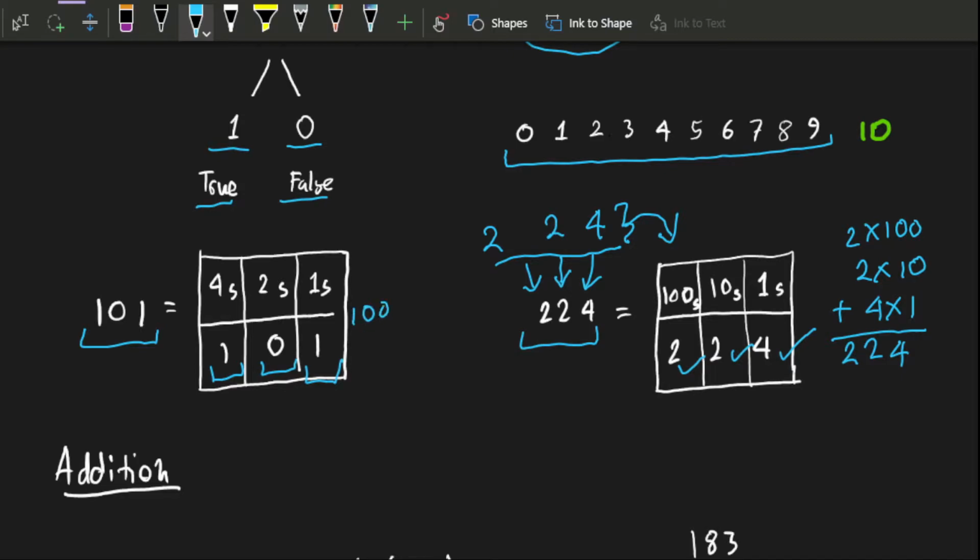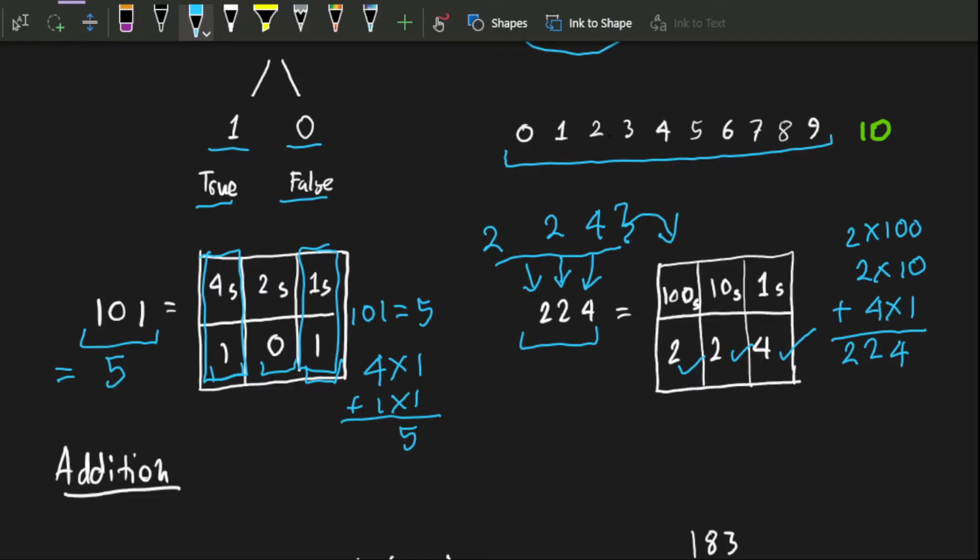This 101 is the number 5 because, as you can see, we have got 4 plus 1 here and here, and the 0, which is not exactly added up. And adding this all up, the number 101 represents the number 5. So this is how binary numbers can be represented as decimals, and this is how these are counted.